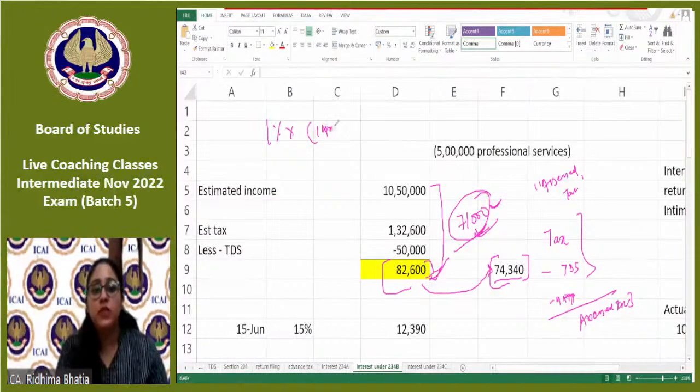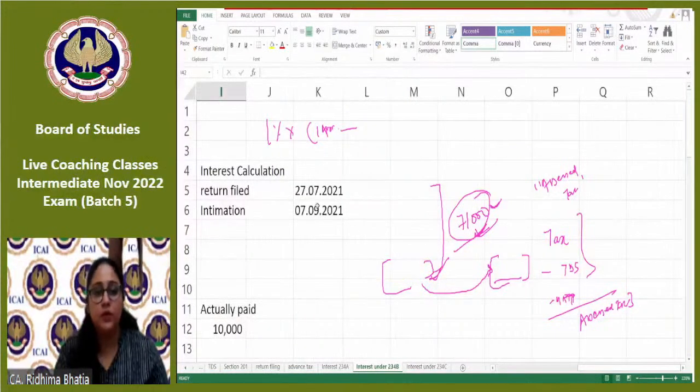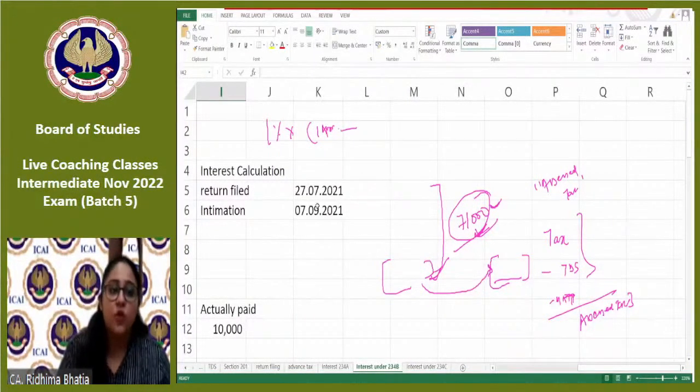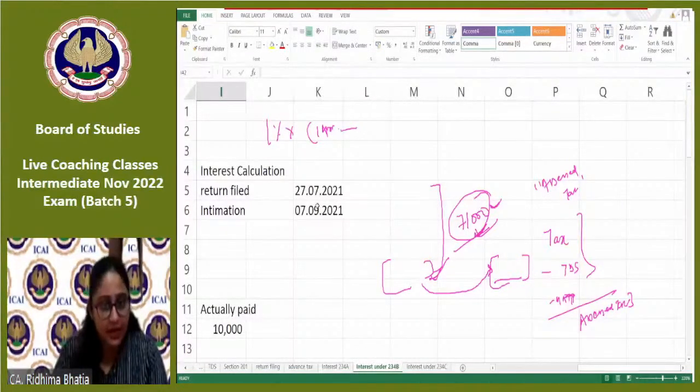Now, how would you calculate the number of months? First is the 1st April to what date? So let us assume that this person has deposited the actual amount which was remaining, because you cannot file your return of income until and unless you deposit the entire tax, on 27 July 2021.